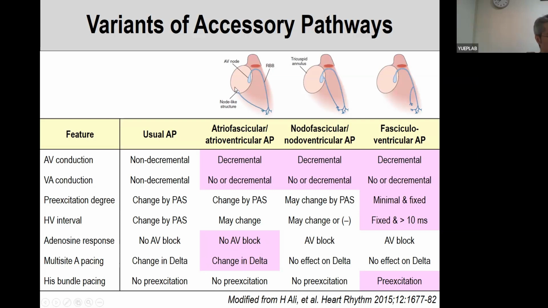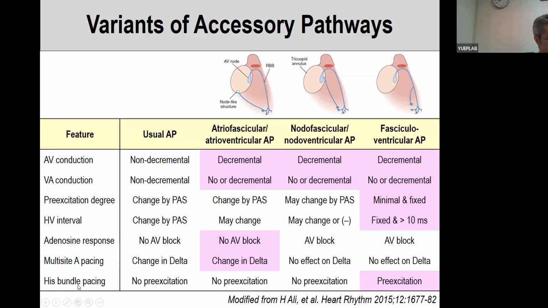However, if we pace here, then this activity goes through the accessory pathway mainly and less to the conduction system. So multi-site A pacing causes a change in delta wave degree. However, with a nodofascicular or fasciculoventricular pathway, there is only one proximal insertion. So if we pace anywhere in the atrium, there is only a single morphology of the delta wave.